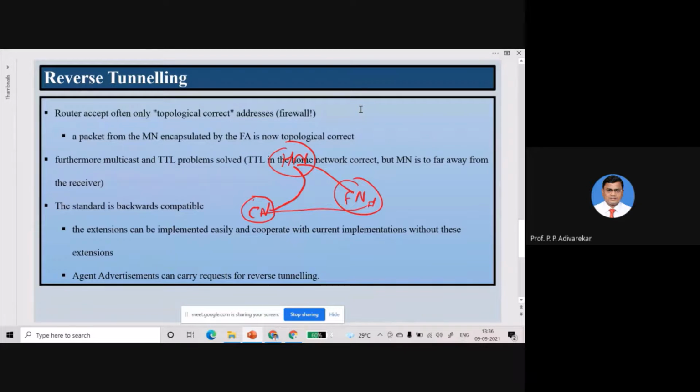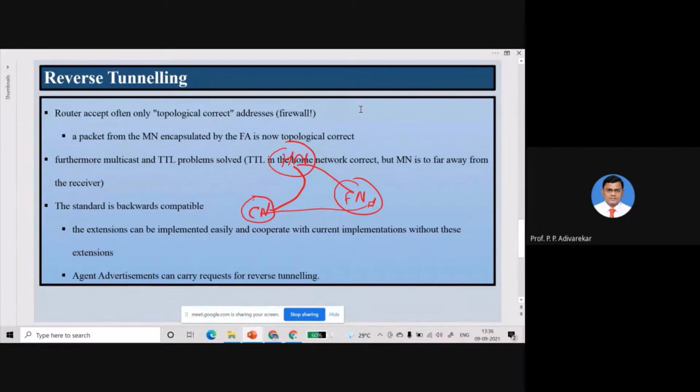This reverse tunneling standard is also specified in mobile IP, and this standard is backward compatible. That means this extension can be implemented easily. You don't have to change anything which is already in existence, and it can cooperate with the current implementation even without these extensions.